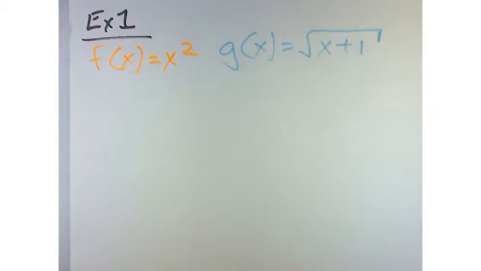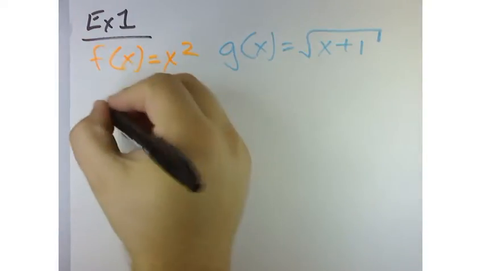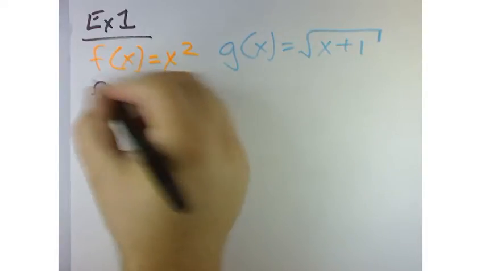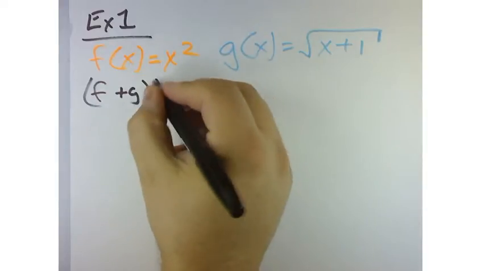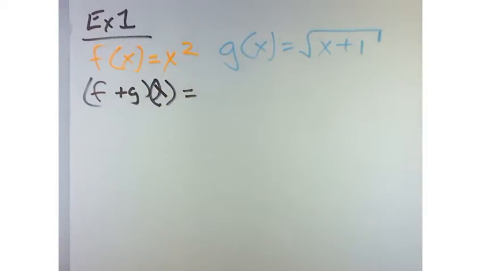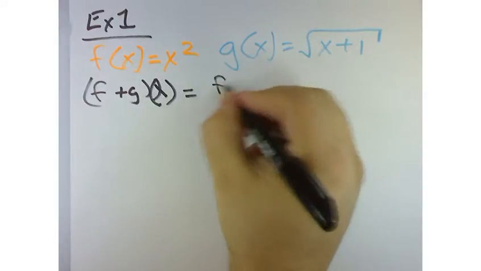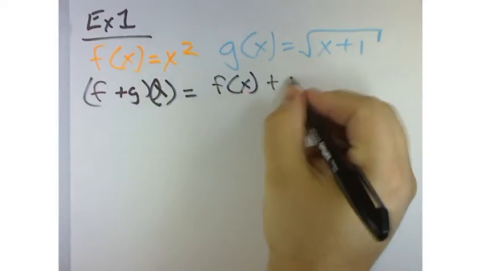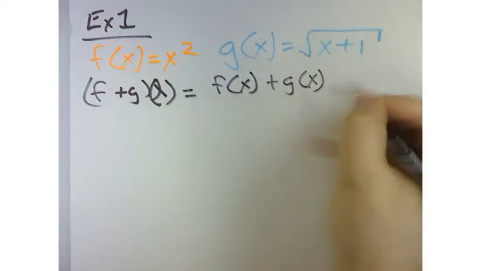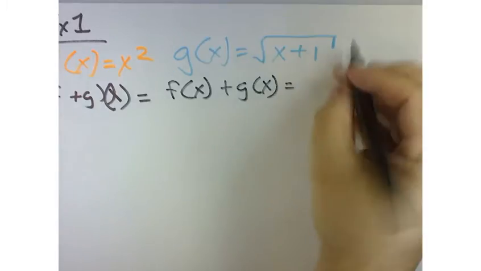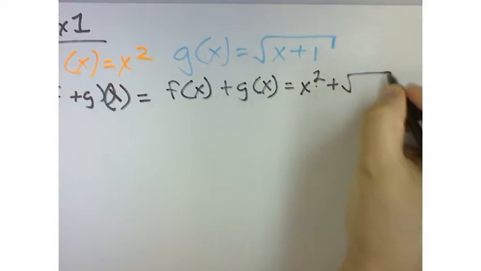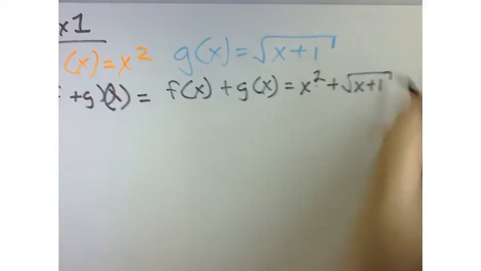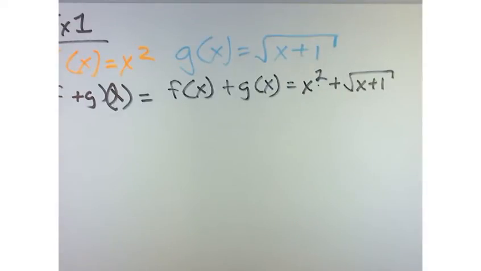And what we're going to do is go through each of these. The first thing I want to write is f plus g of x. Well, this is the same as f of x plus g of x, which is the same as x squared plus the square root of x plus 1. That's it.